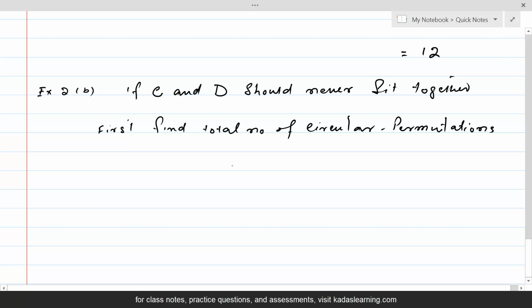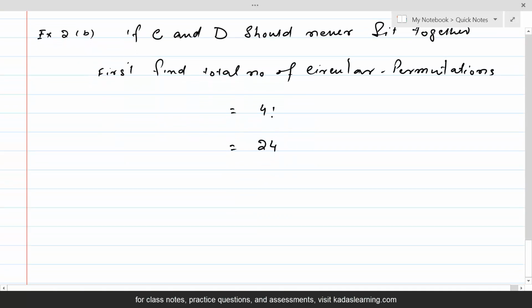For seating 5 objects, the total number of circular permutations would be 4 factorial, and 4 factorial is equal to 24, because 4 times 3 times 2 times 1 is 24.